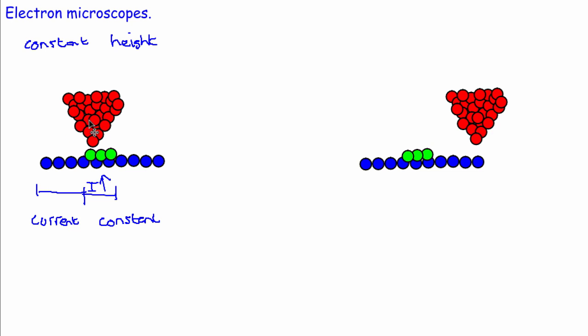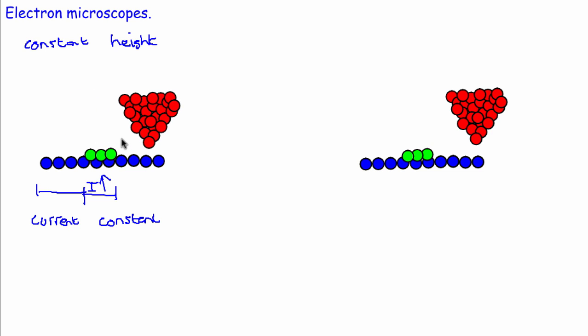And then when you go past this sample, the current goes back down again. So what you do is measure the really small tunneling current, and you know that if the current is small, then the distance is big, and if the current is big, then the distance is small.